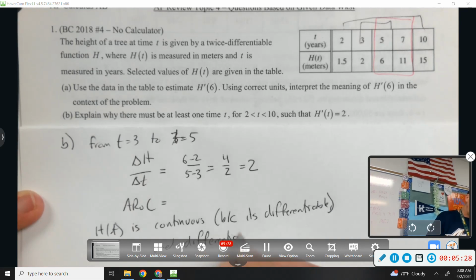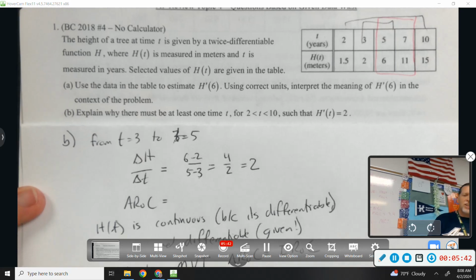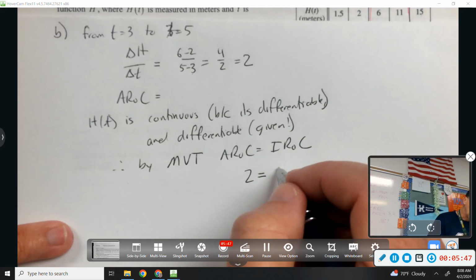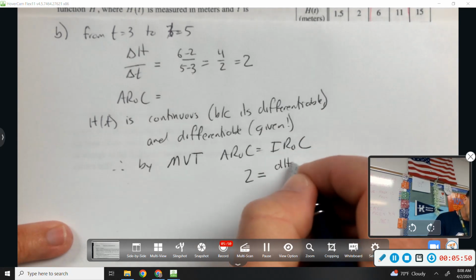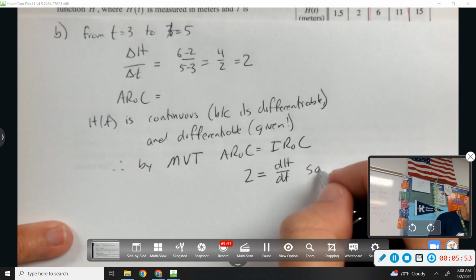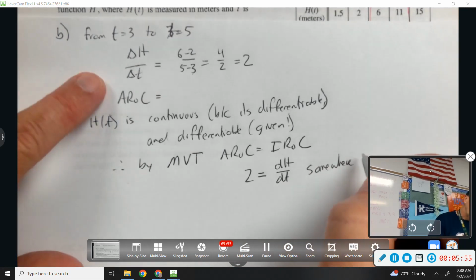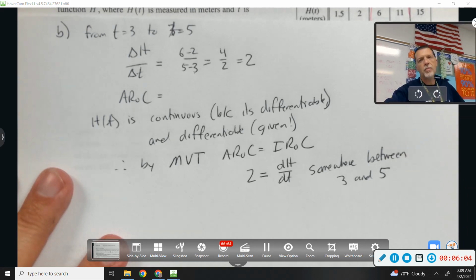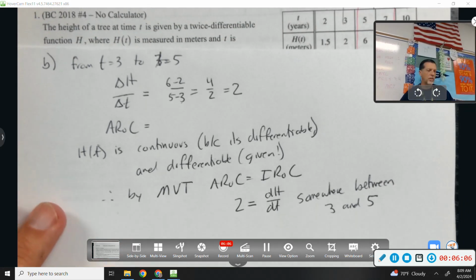Spell it out, because it was given that it was differentiable. Therefore, by the mean value theorem, the average rate of change equals the instantaneous rate of change. So that means 2, which we just found, equals dh/dt somewhere between 3 and 5. And if it's between 3 and 5, then it's obviously between 2 and 10.